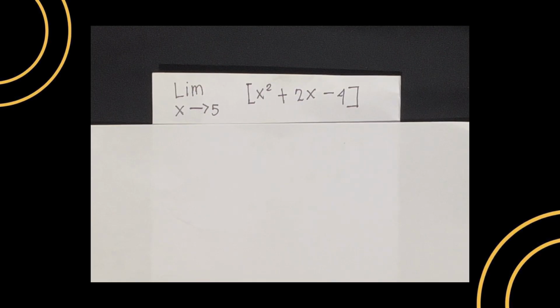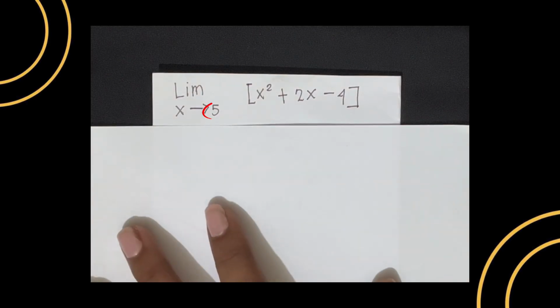What is the limit as x approaches 5 of x squared plus 2x minus 4? Notice that we don't have a fraction and we're not going to get a 0 in the denominator. So for a question like this, you can use direct substitution. All you have to do is plug in 5.